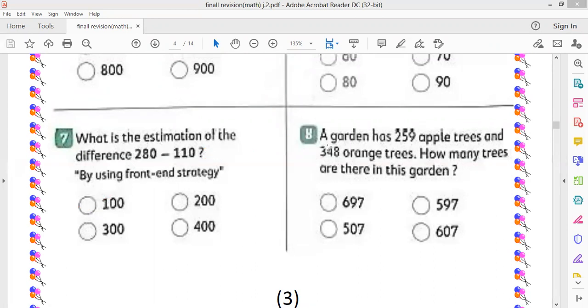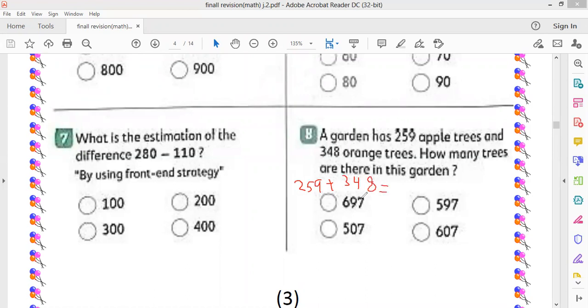Number 8, a garden has 259 apple trees and 348 orange trees. How many trees are there in the garden? We need all the trees, so we put what? Plus, excellent. We write 259 plus 348.